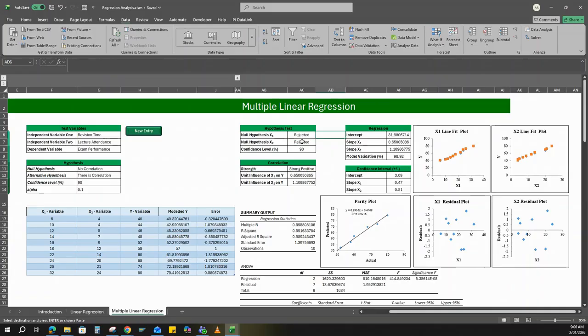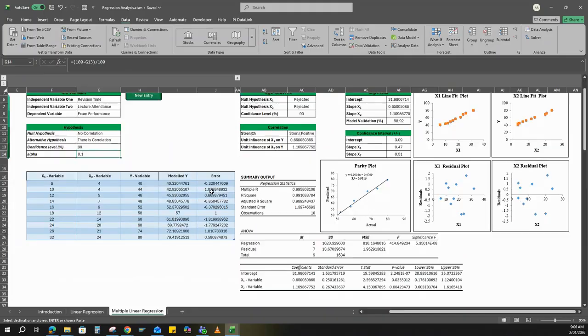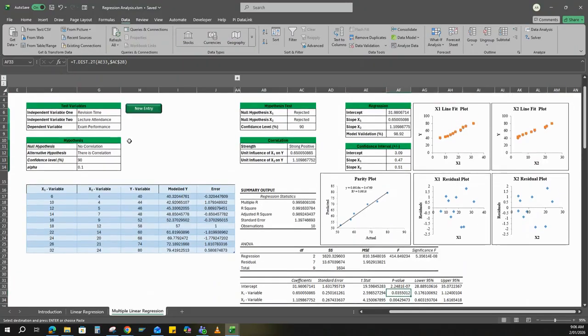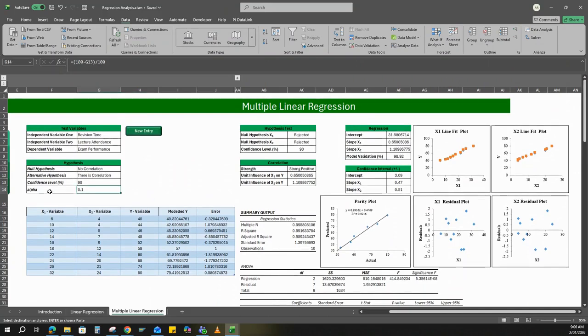the p-value, or the probability of being wrong in rejecting the null hypothesis, is lower than the alpha value here. Essentially, looking at these values, these p-values are lower than this alpha value. That is why we are rejecting the null hypothesis. So what does that mean?